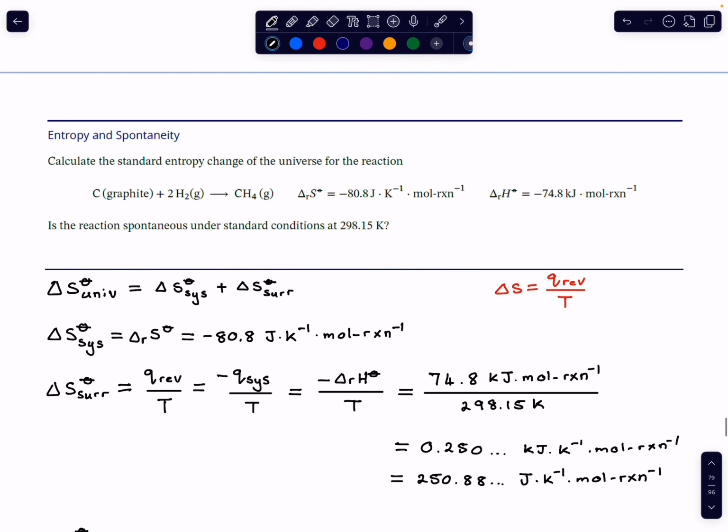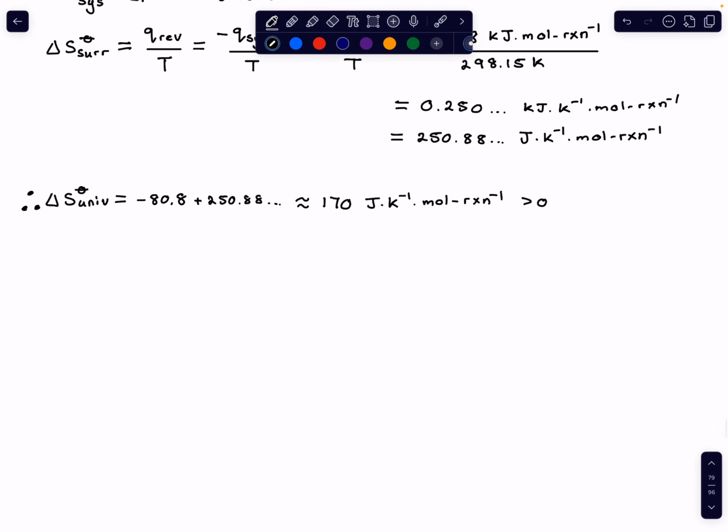So the last question is, that's the standard entropy change of the universe for the reaction. Then we ask, is this reaction spontaneous under standard conditions? And to do that, we must say yes.